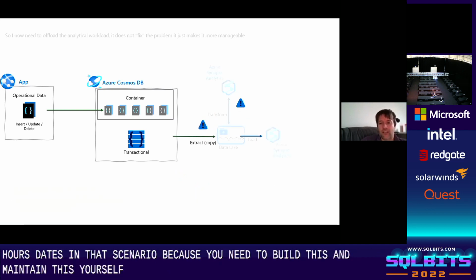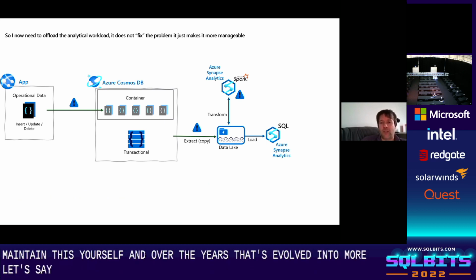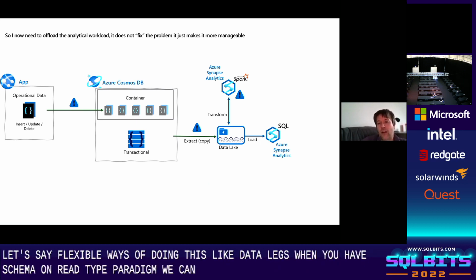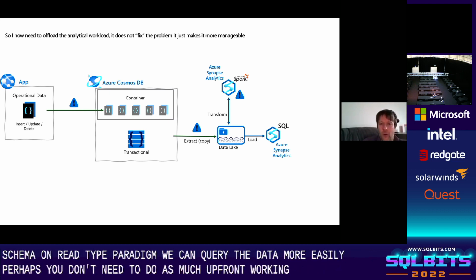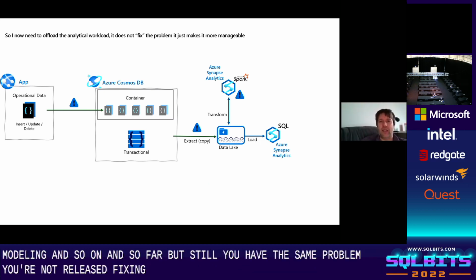And over the years, that's evolved into more flexible ways of doing this, like data lakes, where you have a schema on read type paradigm, where you can query the data more easily. Perhaps you don't need to do as much upfront work in dimensional modeling and so on. But still, you have the same problem. You're not really fixing the underlying problem.